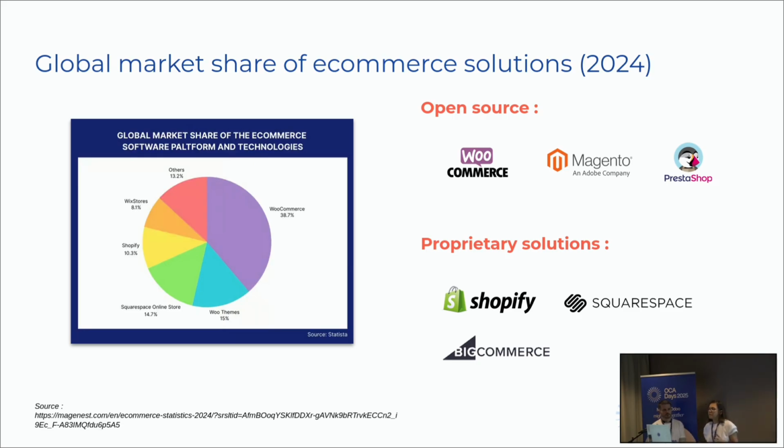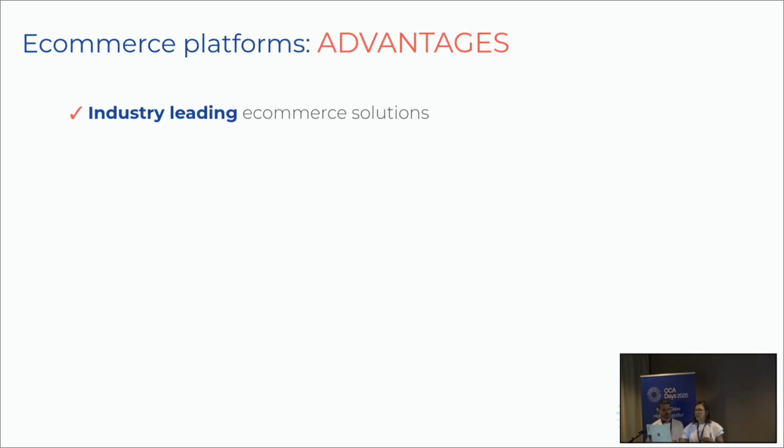So all these e-commerce platforms have some advantages. First of all, they are really popular. So you have a lot of documentation, a lot of tutorials, a lot of testimonials online. It's really easy to get to know the platform, and to go with the flow by saying, okay, let's choose something that everybody knows and everybody chooses.